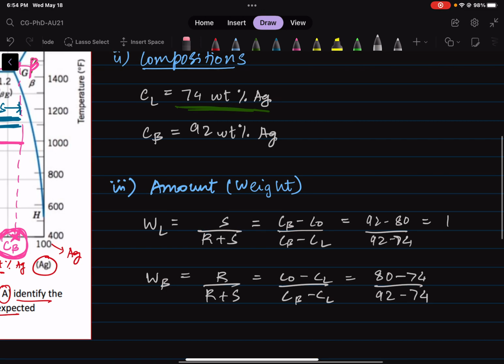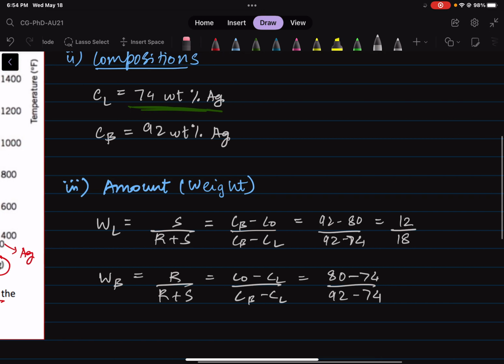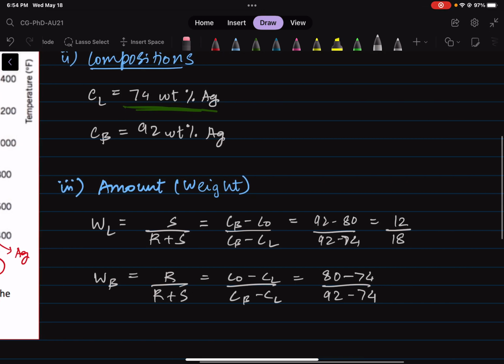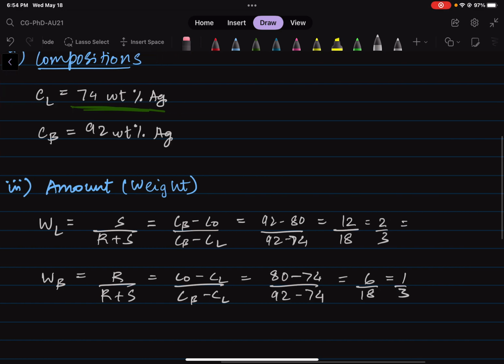So you solve this, this becomes 12 over 18, and then you can simplify it to be 2 over 3, and this becomes 6 over 18 or 1 over 3. So this will become about 66.6%, and this will be 33.3%.